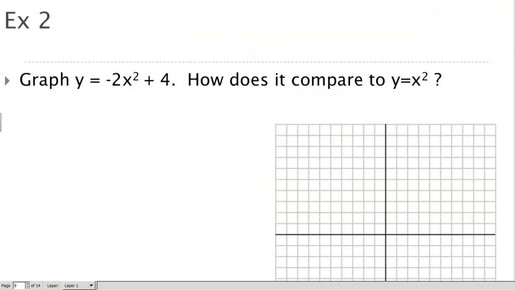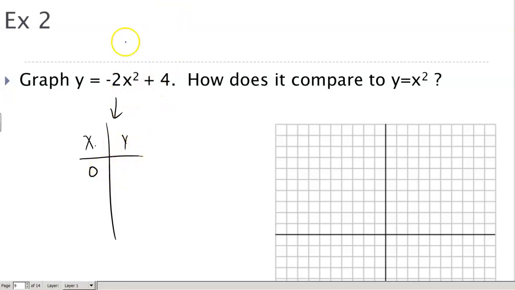All right, so example 2 says y equals -2x squared plus 4. Same thing, if I wanted to sketch a graph here, I would just make a table of values and then plug in values for x. So I'm going to plug in 0 and evaluate these. You could try this yourself and fill out this table, or you can follow along.